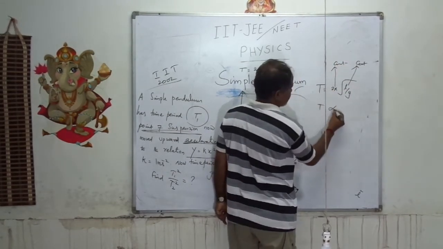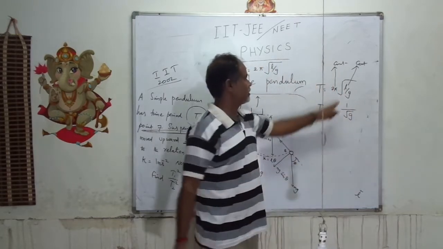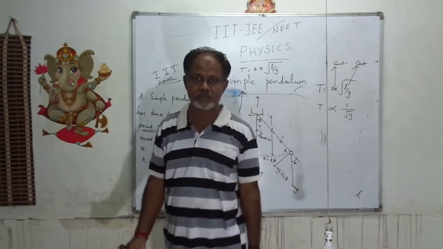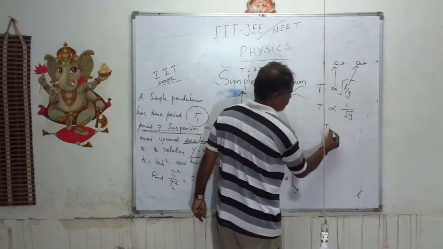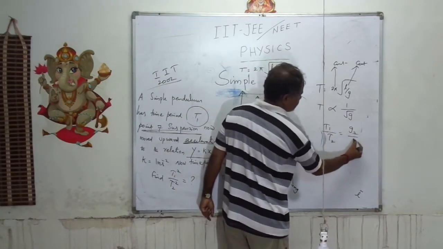So T is directly proportional to 1 by under square root of g. Then T1 by T2 is equal to under square root of g2 by g1.